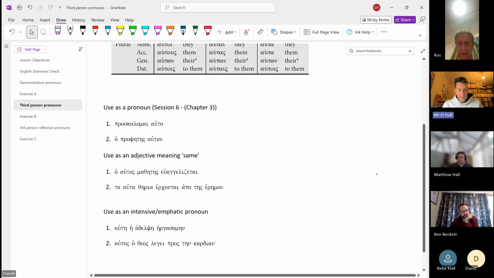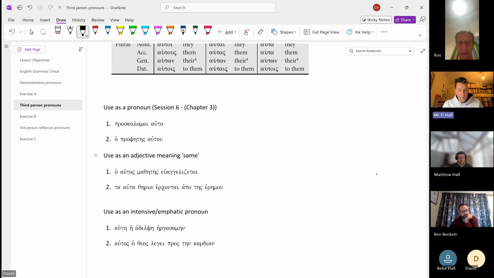What I will do is, if we just look at when it's used as an adjective meaning the same. Okay, so in that English example, the same teacher. So if you use the pronoun in between a noun, so this is the case here.